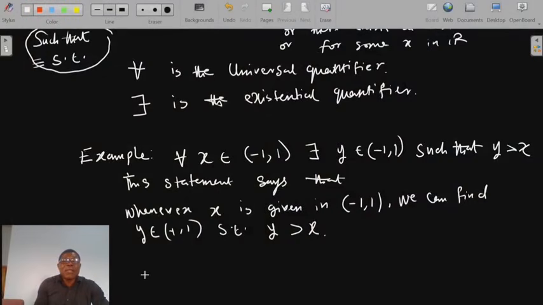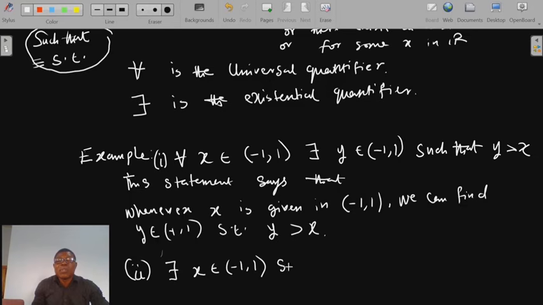If I now write another statement, let me call the first one I and the second one II, and the second statement reads thus: there exists x in (-1, 1) such that for any y in (-1, 1), y is greater than x.